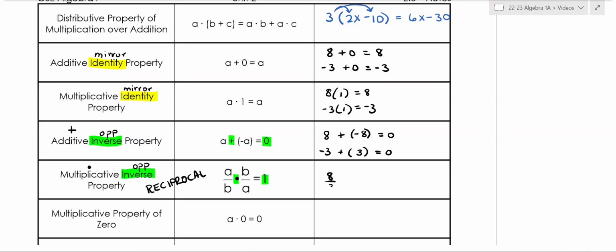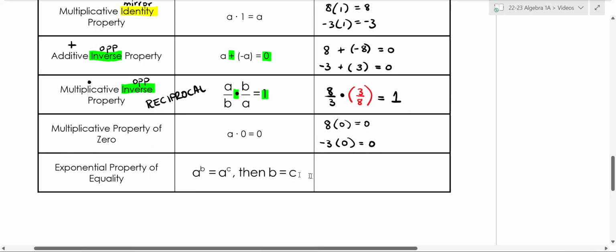For example, for 8 over 3, the multiplicative inverse would be 3 over 8, because when we multiply them, we get 1. The multiplicative property of 0 says that if you multiply by 0, you're going to get 0. It's a beautiful property of 0. Only 0 has this property. And I left this one blank in class.